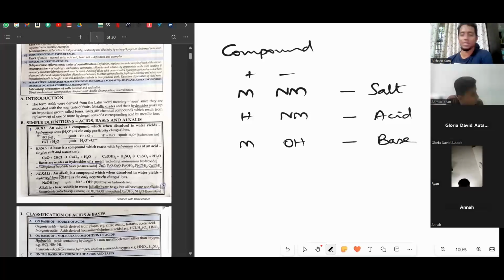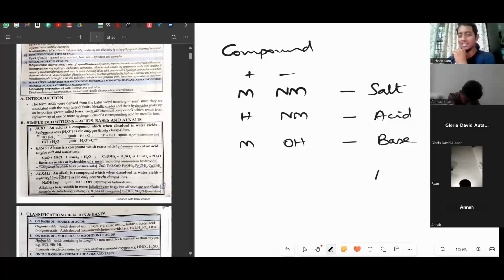An acid is a compound where the positive ion is hydrogen. A base is a compound where the negative ion is OH. Now H is called the hydrogen ion, and OH is called what? Hydroxide or hydroxyl ion.